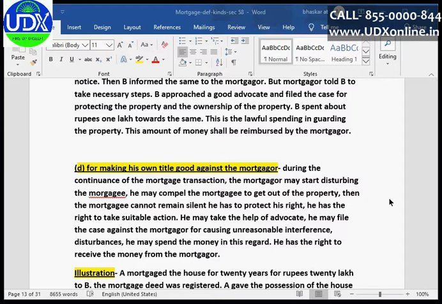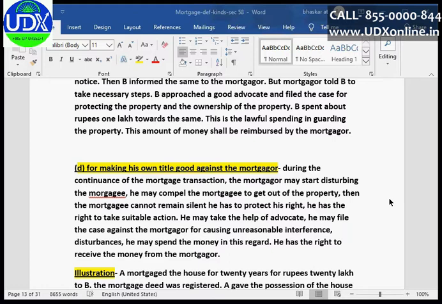For making his own title good against the mortgager. So far we have understood that when some third persons are trying to harm the property and the matter comes to the knowledge of the mortgagee, the mortgagee will bring the matter to the knowledge of the mortgager, and the mortgager may take action or the mortgagee may take action.